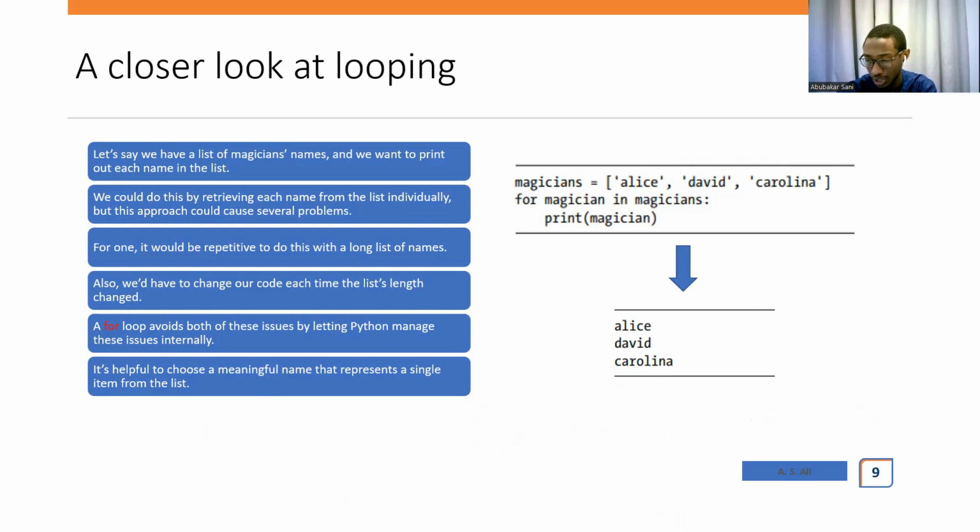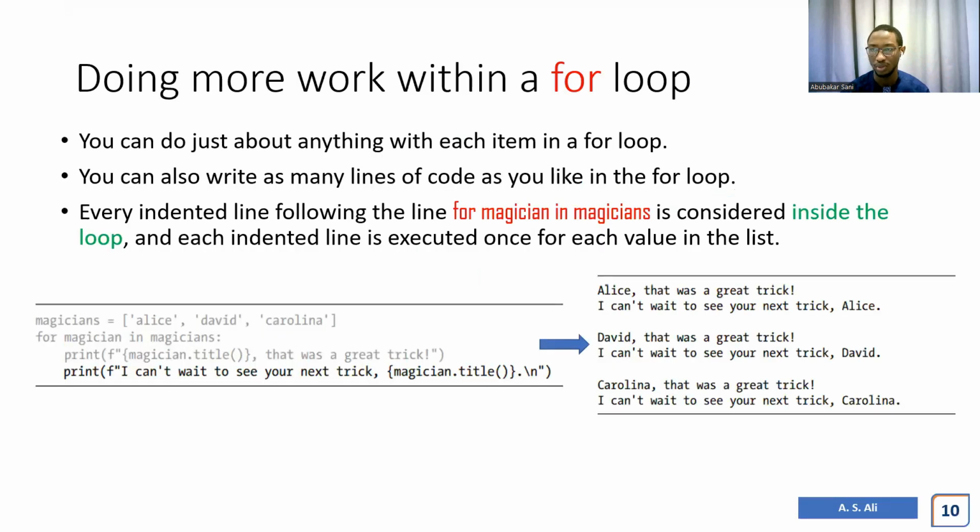So what do we do? We just say for magician in magicians, print magician. And this will print all three out for us. Maybe if there are 100 of them, with just these two lines of code, we can print all the 100 magicians out.